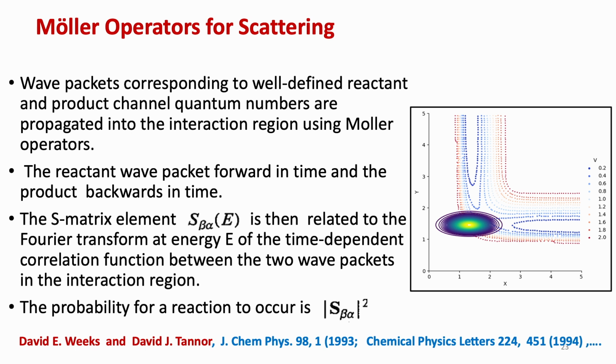So again, wave bucket in the reactant, wave bucket in the product, forward in time, backward in time, calculate the correlation function for both. And from the correlation function, when you take the Fourier transform, you get the scattering matrix element. So this is the formalism used for 40 years. And we followed this paper by Weeks and Tanner from 93.